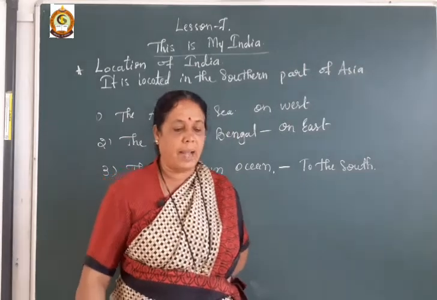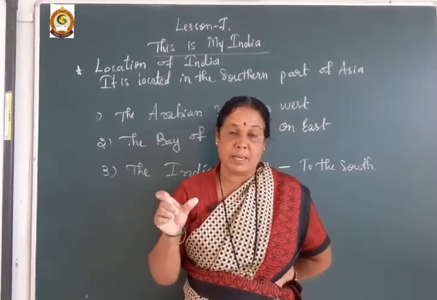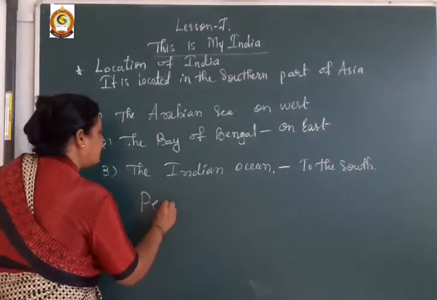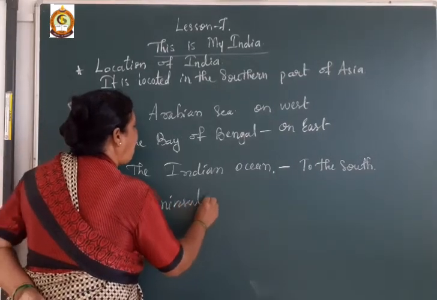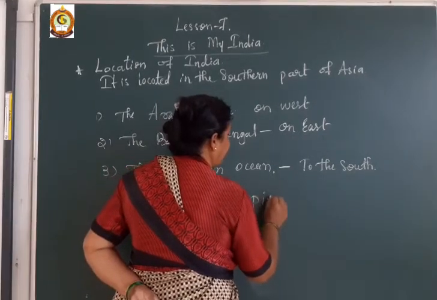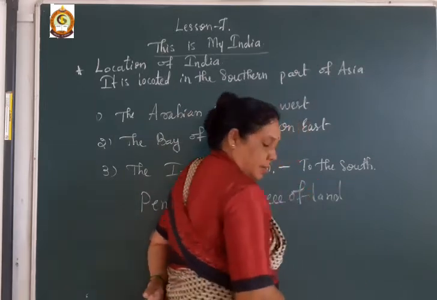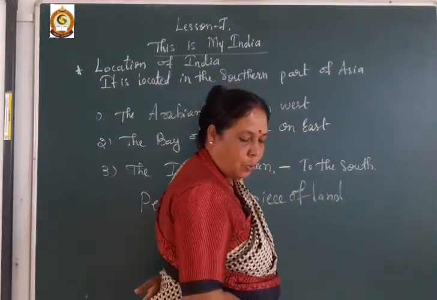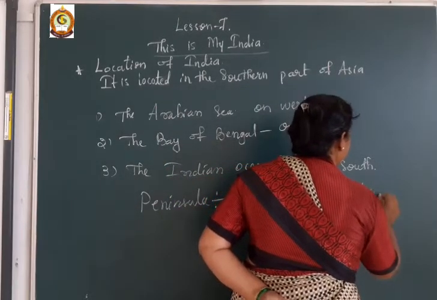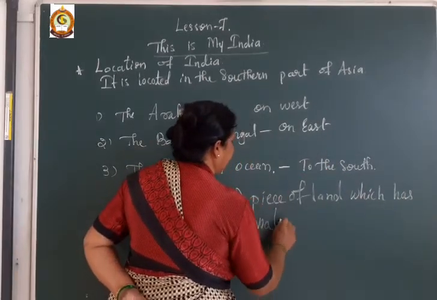And the piece of land which has water on 3 sides is called a peninsula. Understand dear student? Here peninsula means what? Peninsula means a piece of land which has water on 3 sides.